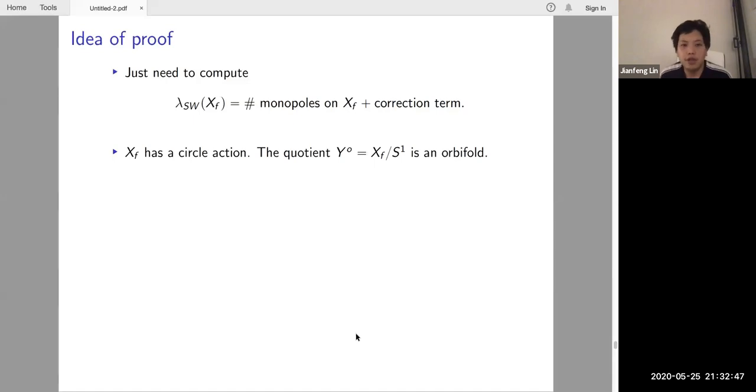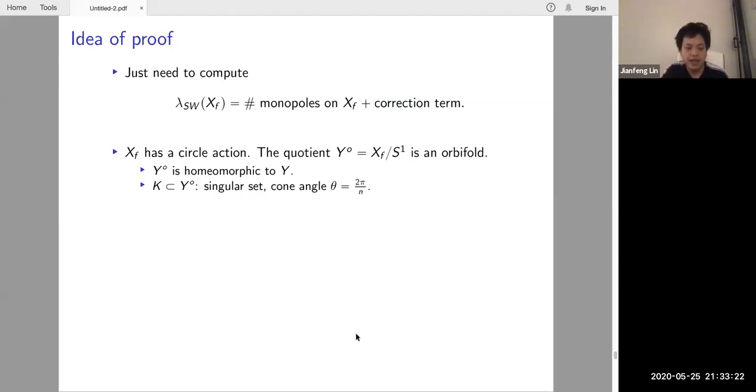Okay, and the first observation is that this X_F has a circle action. And if you quotient out this circle action, you will get a three-dimensional orbifold. We denote it by Y_O. Topologically, Y_O is just the same as the three-manifold Y. But because the S1 action is not free, when you take the quotient, you will introduce some singular set.